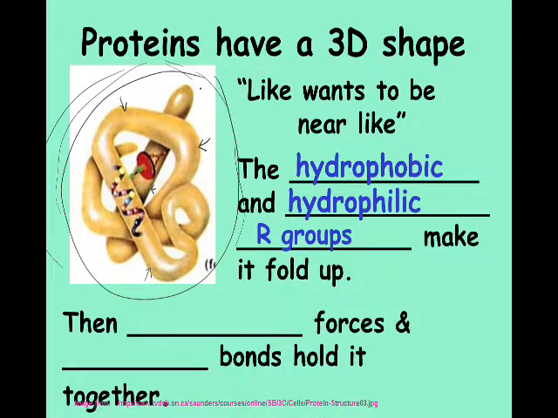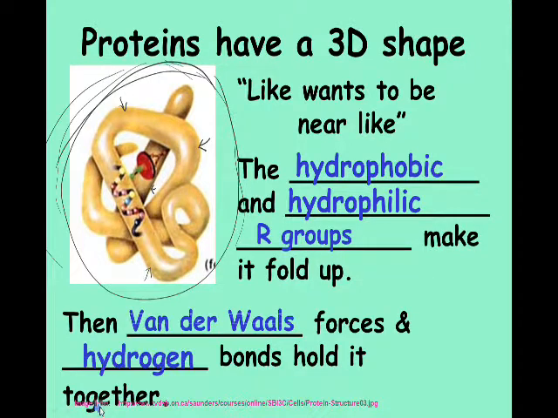And so those interactions between the R groups are what's going to make my molecule fold up and get a really cool 3D shape. And remember, shape is going to determine what your job is. How you look, what your shape is, determines what this molecule is going to do for the cell. Once I get my 3D shape built, now remember we have some bonds that we learned about.